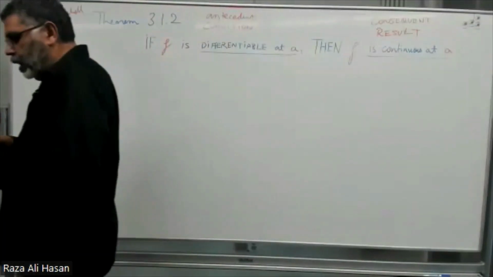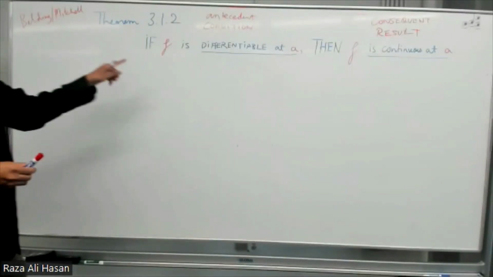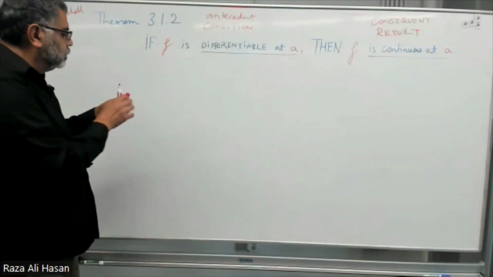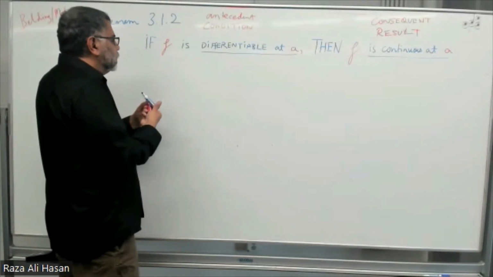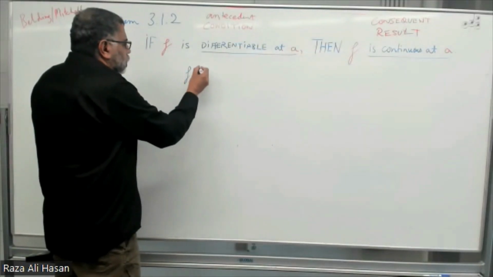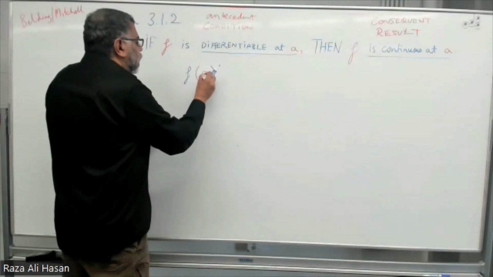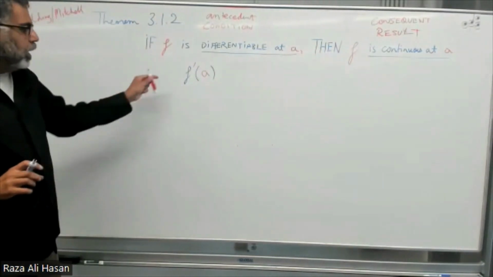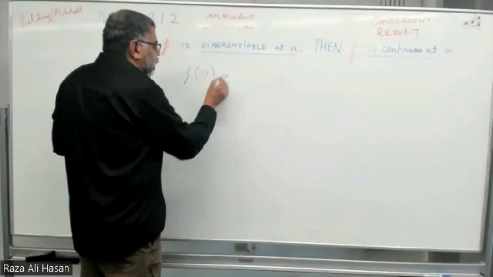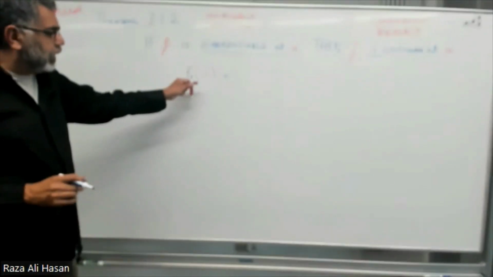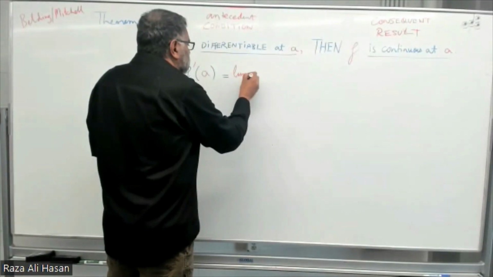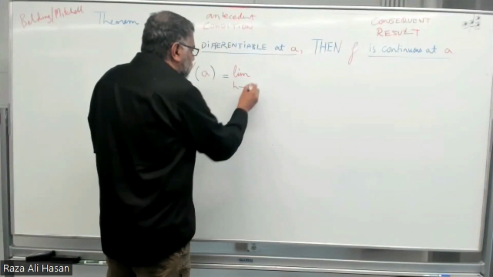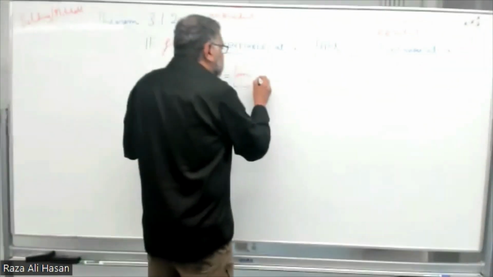All right, so the definition of differentiable at a goes like this. We have f prime at a. That is, f is differentiable at a if and only if the limit as h goes to 0 of the difference quotient.